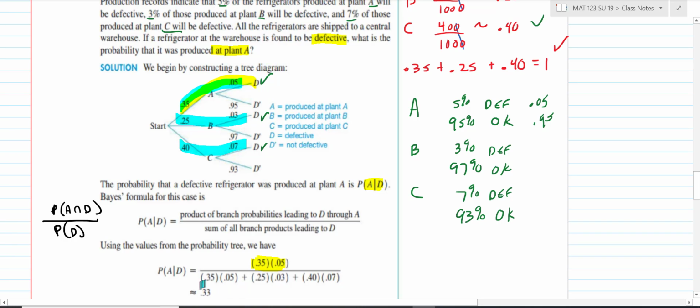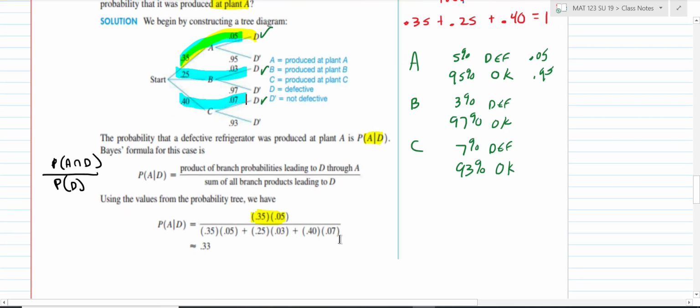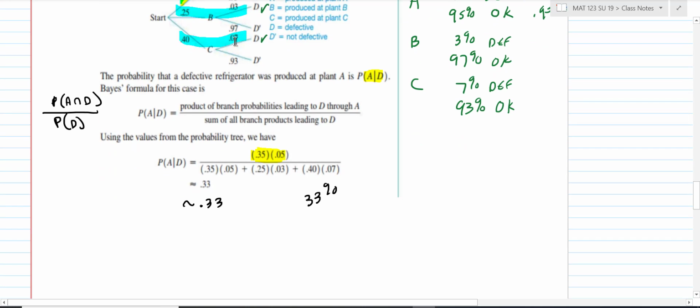So you have the 0.35 times 0.05, 0.25 times 0.03, 0.40 times 0.07, like that. Then this is just a matter of doing this on your calculator. I'm not going to go through the details of doing this on the calculator. So that's about a 33% chance that if you were randomly given a refrigerator that was defective, it came through Factory A. So that's the idea.